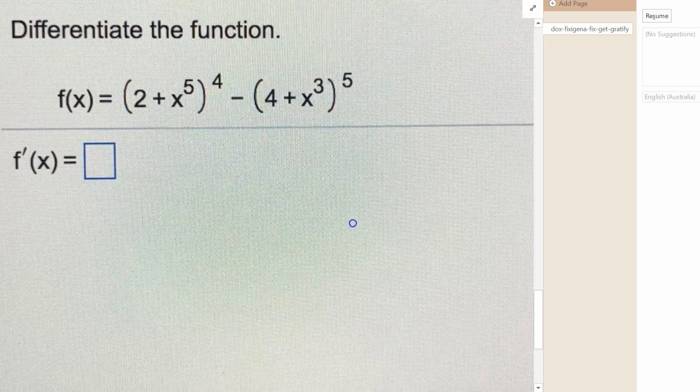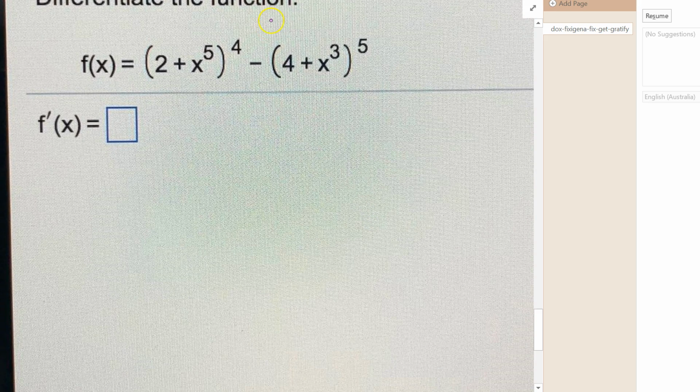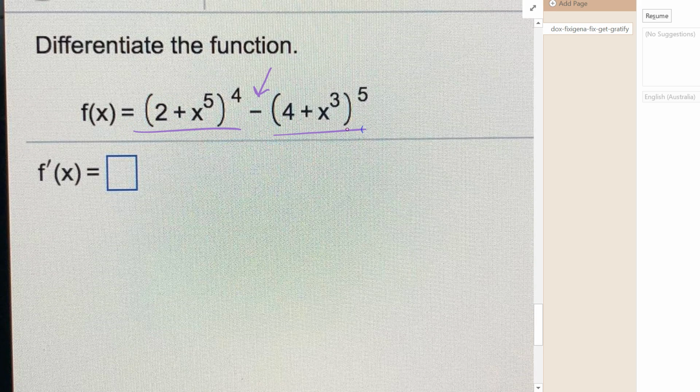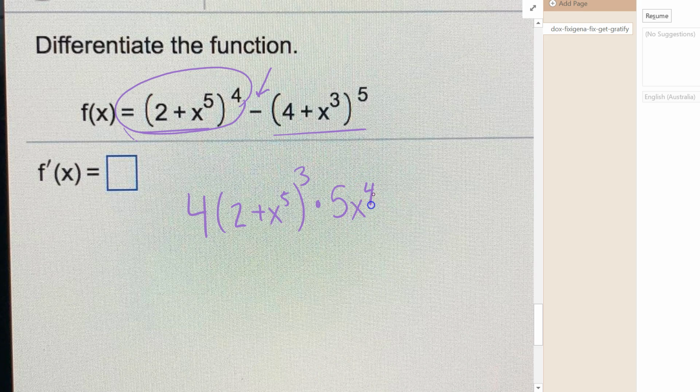Here's a similar example, but you have to note that this is a little easier than the one we did before because we're differentiating it term by term. So the derivative of the first term is going to be 4, 2 plus x to the 5th cubed times 5x to the 4th.